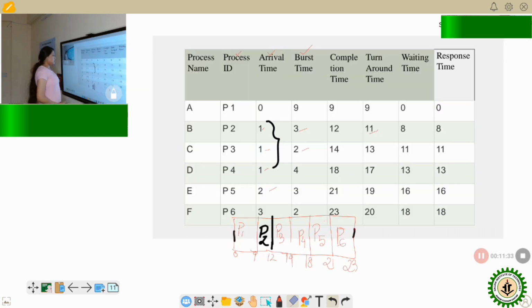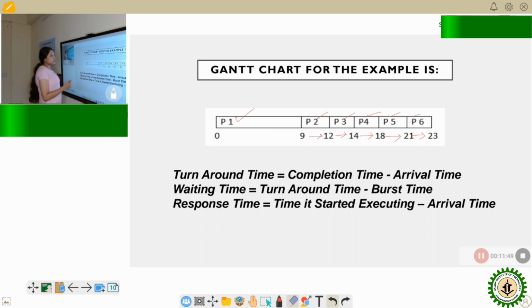After the completion of the Gantt chart, we are going to calculate these things. First, completion time. As we have already discussed, the completion time is when the process fully completes execution in the CPU. From 0 to 9, at time 9, P1 completes its execution.